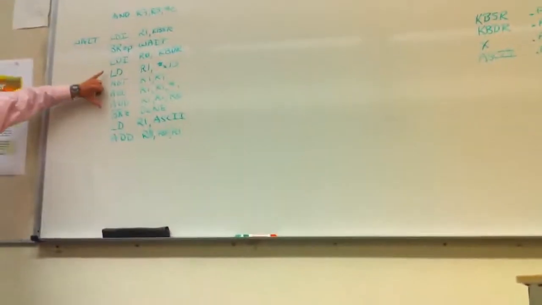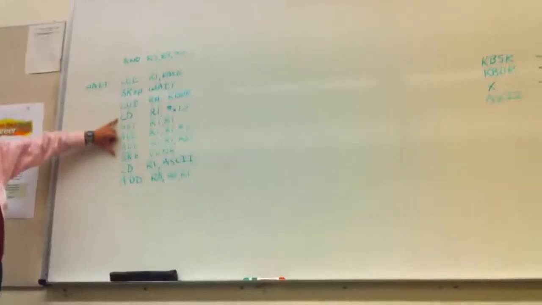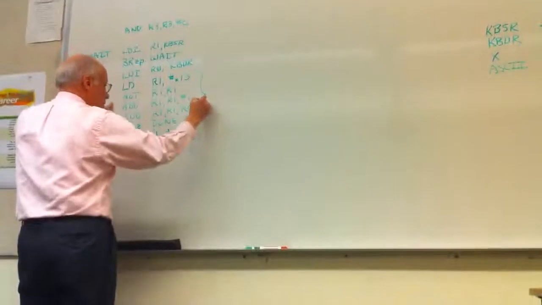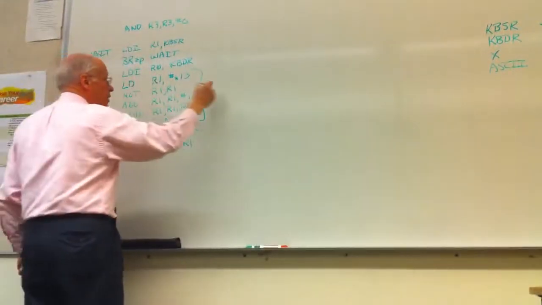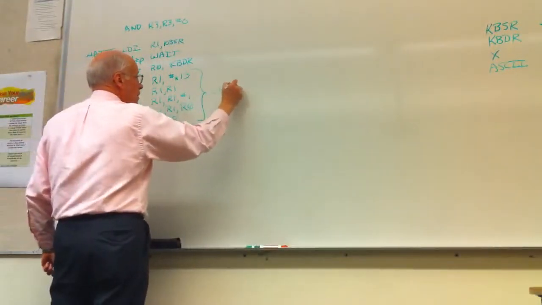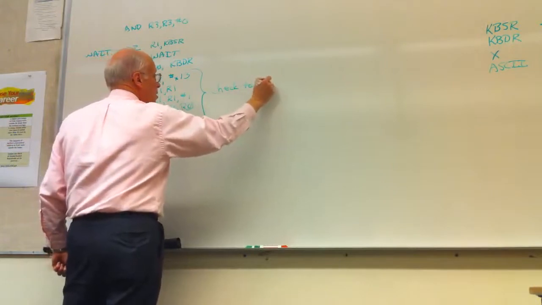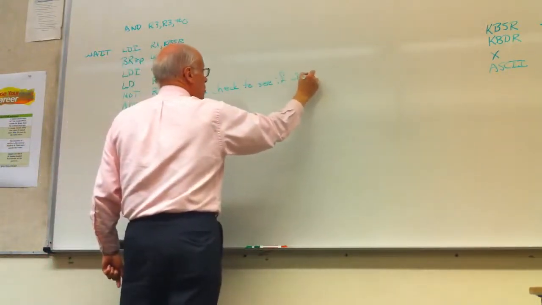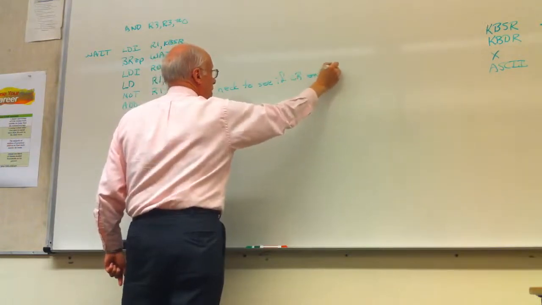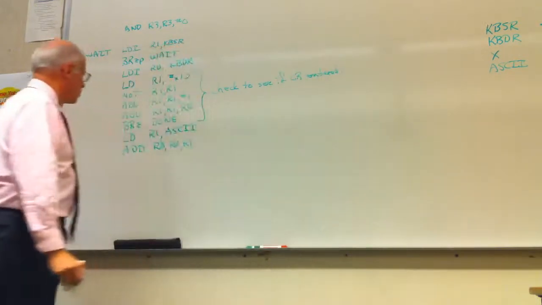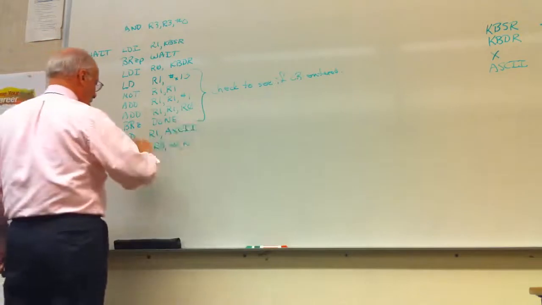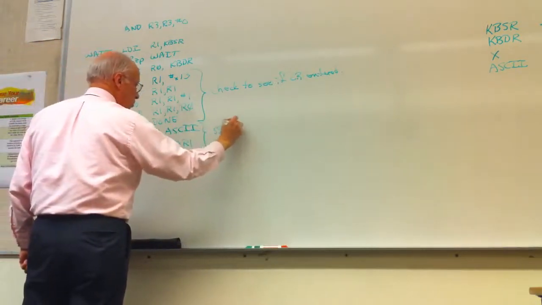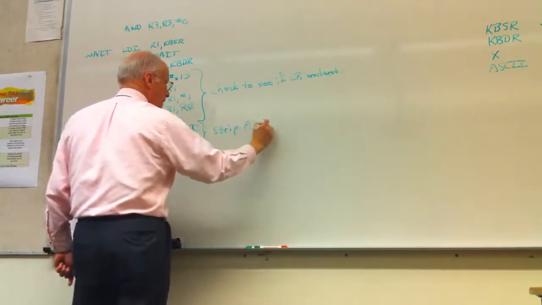We've got our routine in here to check to see if we're done. If we just comment on this whole thing, this is a check to see if carriage return was entered. That means we're done. This is to strip the ASCII code.